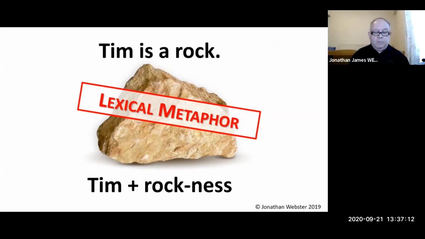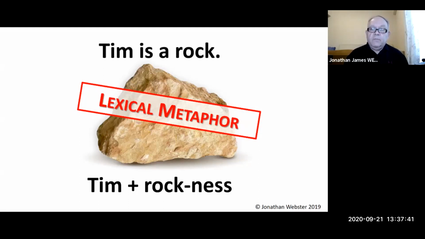I give this example, and I realize that this example is probably a bit culture-specific. When I say Tim is a rock, well, in English, I think, and I think to other native English speakers, when you say Tim is a rock, it's a positive point. He's strong. He's solid.